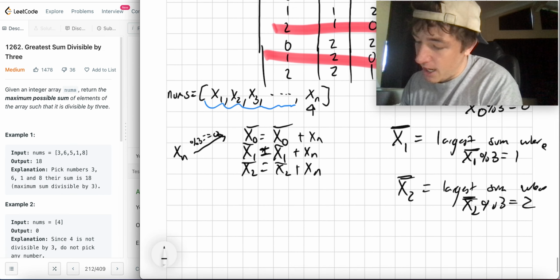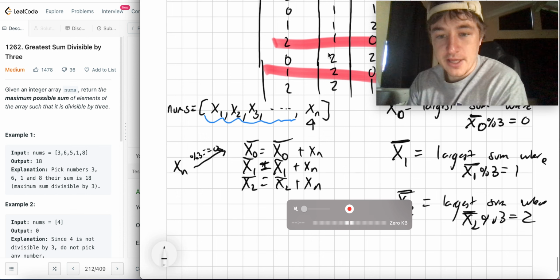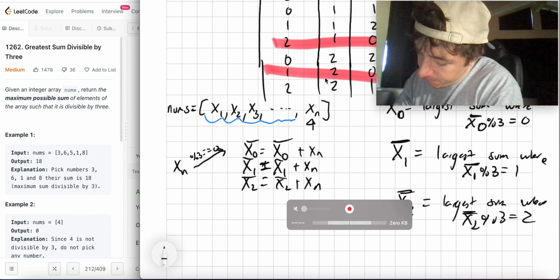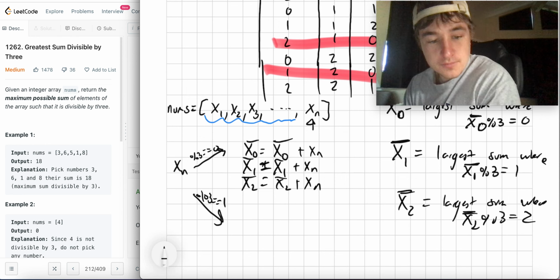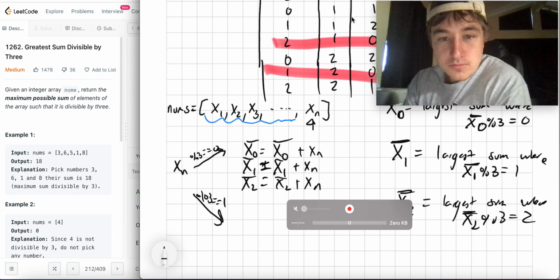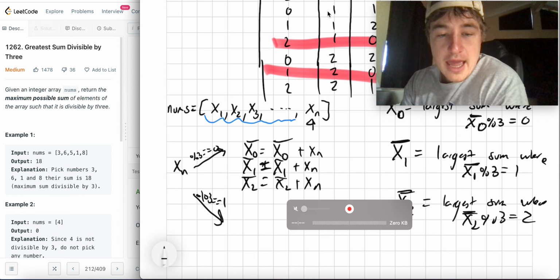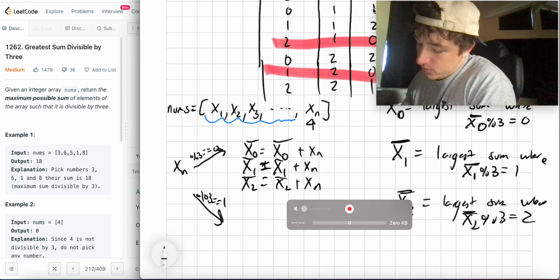Now let's look at the mod 1 case where the remainder is 1. So what if xn mod 3 equals 1? That looks really weird, sorry. Well, the largest x1 now is, if I add in something previously that was mod 0, it'll become 1.